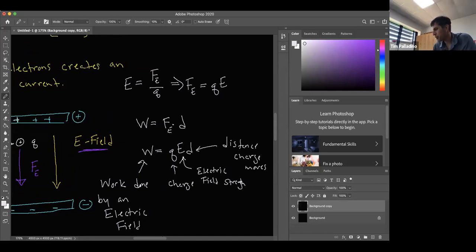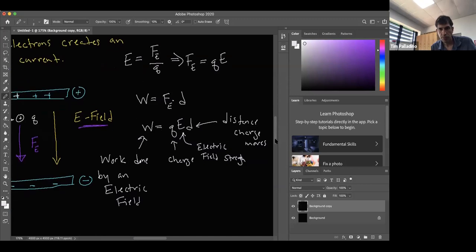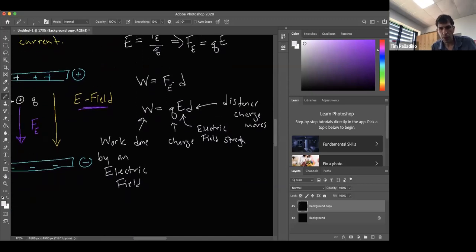We're not going to use this form of the equation very often. I wrote a lot there, so I'm going to give you guys a second to copy that down.